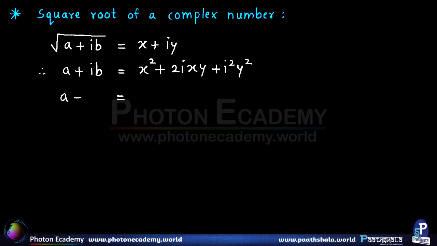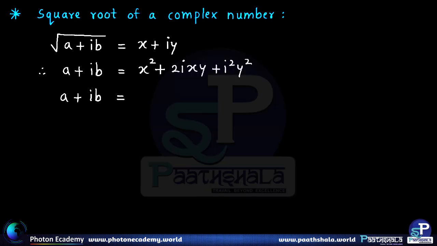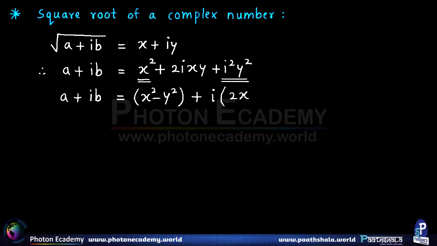So a plus ib is equal to, now x square is real and i square y square is nothing but minus y square, because i square is minus 1. So collecting the real parts, you have x square minus y square, and the remaining term is imaginary, in which we have i into 2xy. So here we have a plus ib equal to x square minus y square plus i into 2xy.